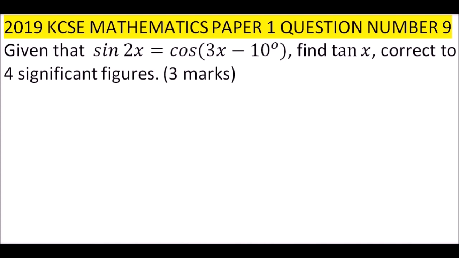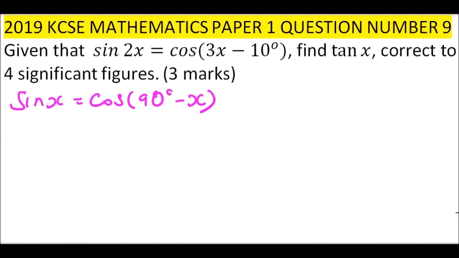What you need to know is that we have a rule of complementary angles in trigonometry, which says that sine x is equal to cos (90 degrees minus x). So with that rule, we can get the solution to this.